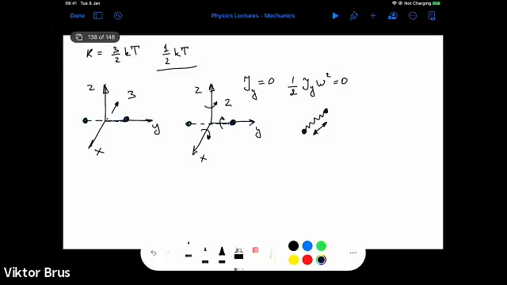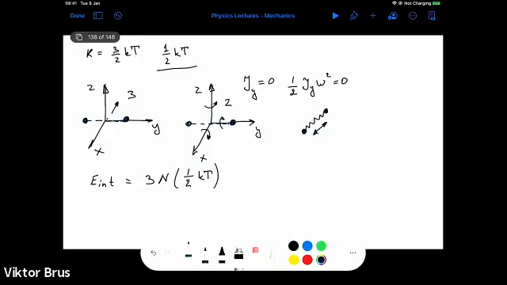So in this case, the total internal energy will be equal to 3, which is the 3 degrees of freedom for translational motion, times N, which is the total number of these molecules, times the energy provided by each degree of freedom, 1/2 kT.